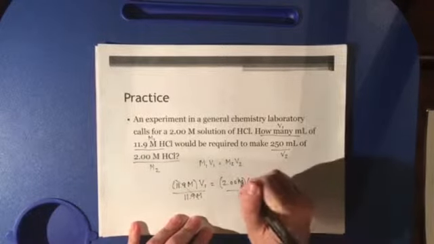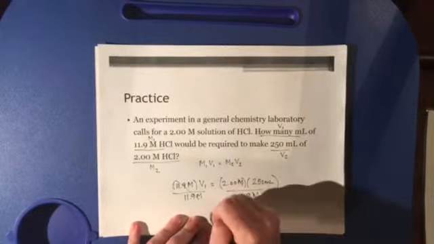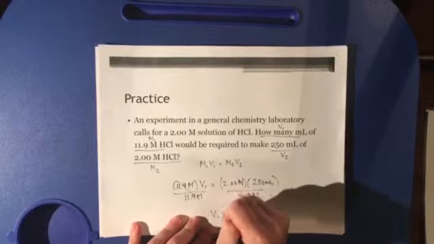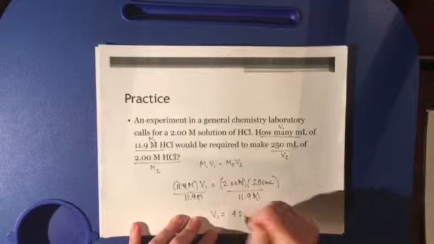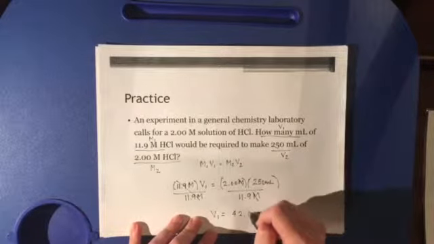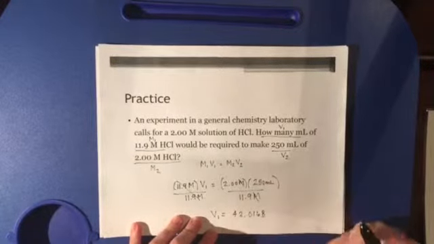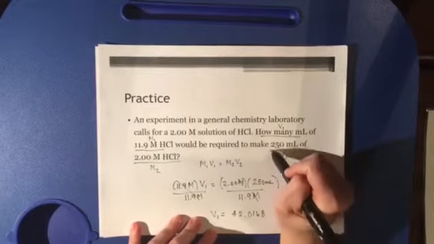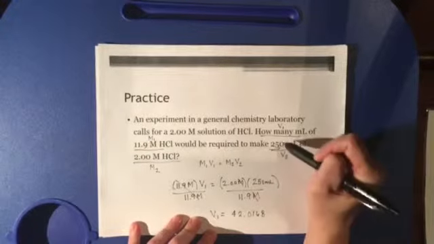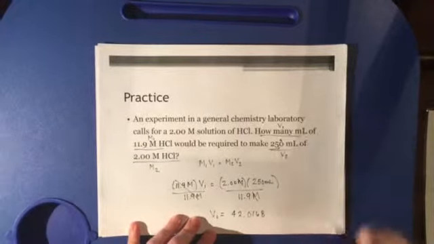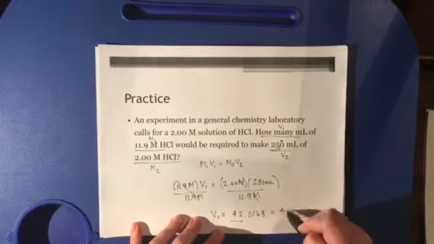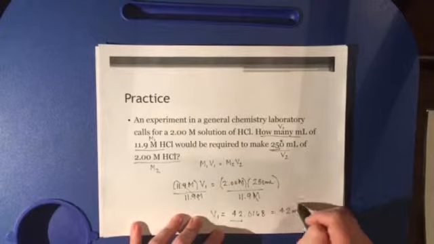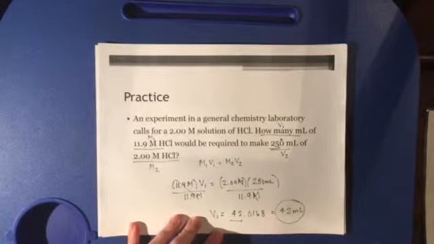So the molarities cancel out. V1 ends up being 42.0168, which we end up having only 2 significant figures because that's not significant right there. And so our significant figures are going to be 42 milliliters, like that.